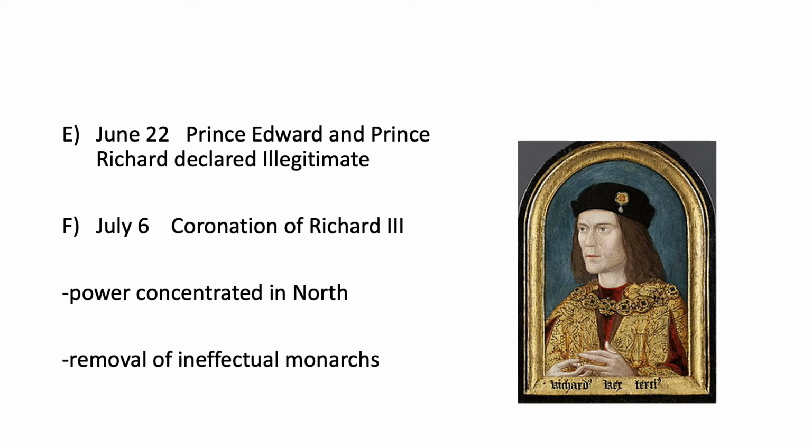He did not spend a lot of time in London. And there was also this concern about this pattern moving forward of removing ineffective monarchs. So he tried to adhere to the law very strictly, and some people believed he was too harsh.